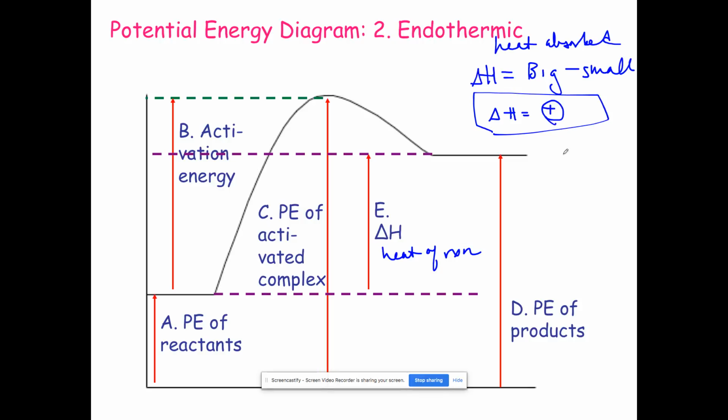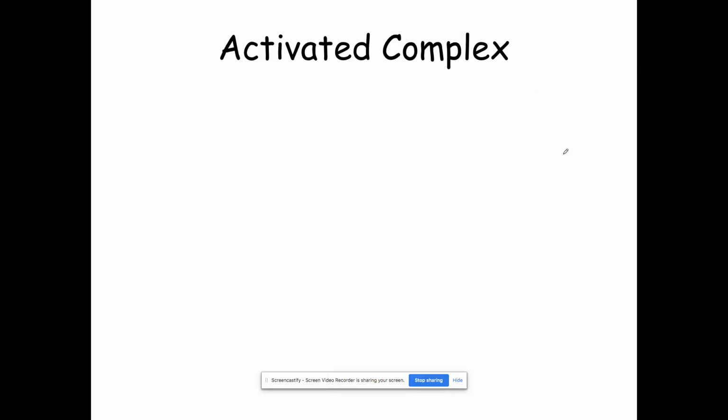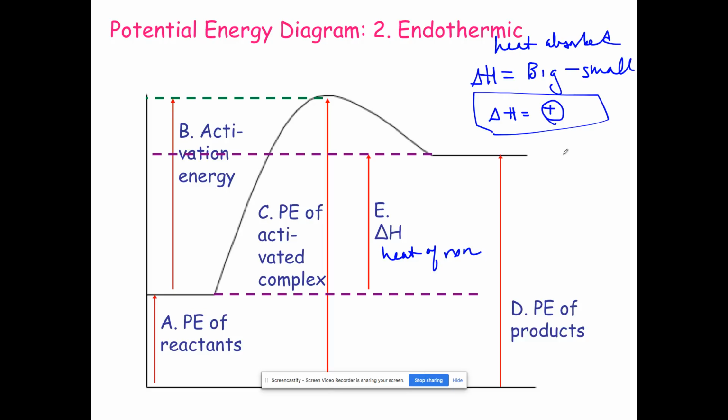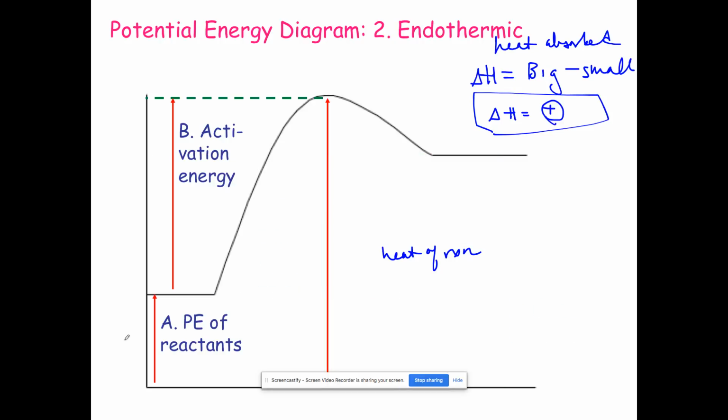I don't have a slide for table I, but if you want to look there briefly, you'll see that delta H on table I, there's an asterisk next to it, where at the bottom it reminds you a minus sign indicates exothermic reactions.